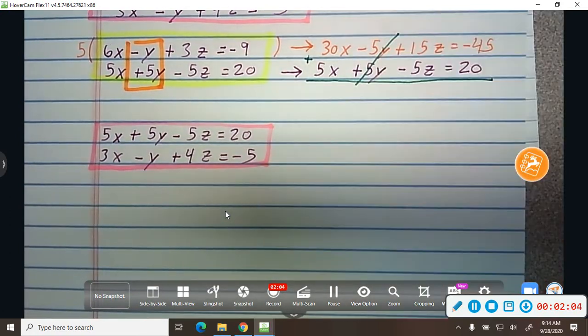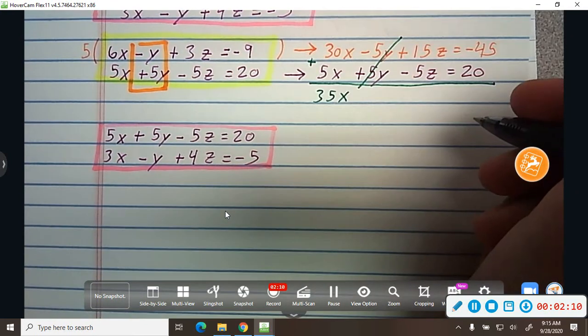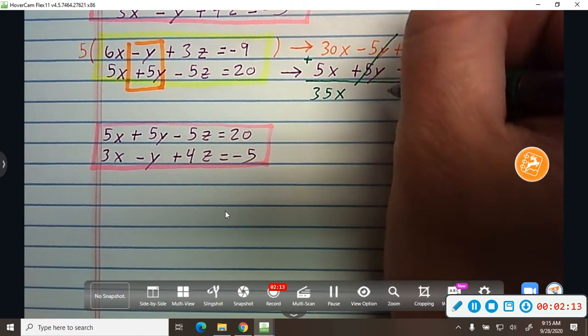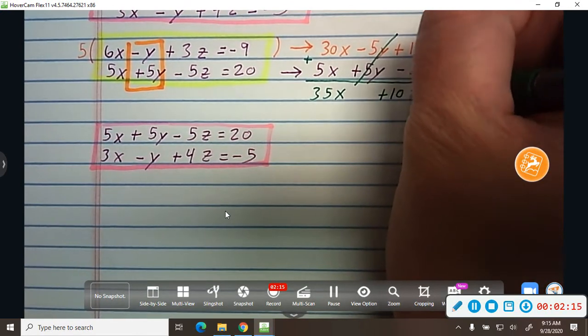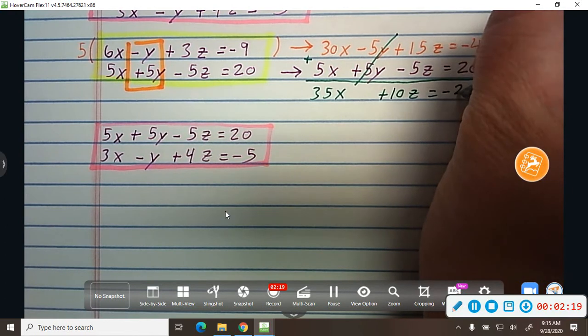Those eliminate. That's part of why we did that. 30x and 5x is 35x. 15 minus 5 is 10. And negative 45 plus 20 is negative 25.